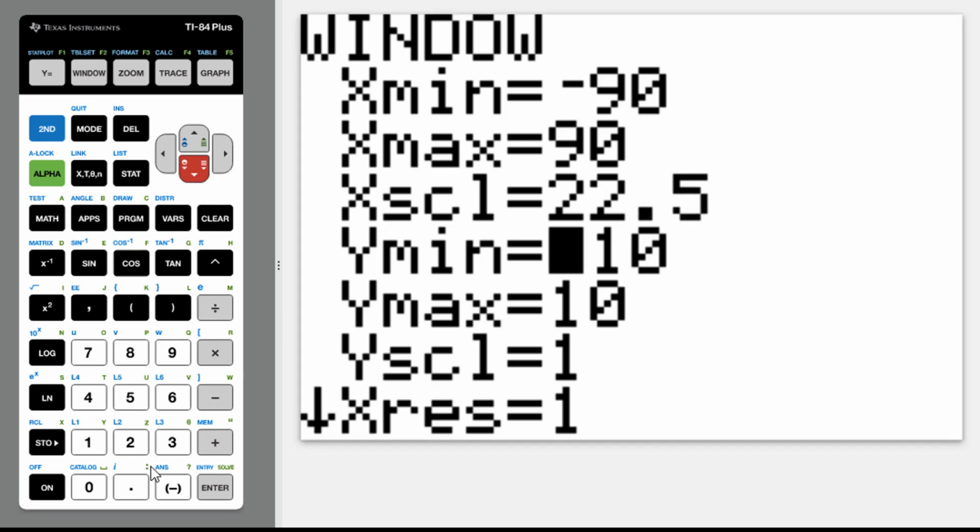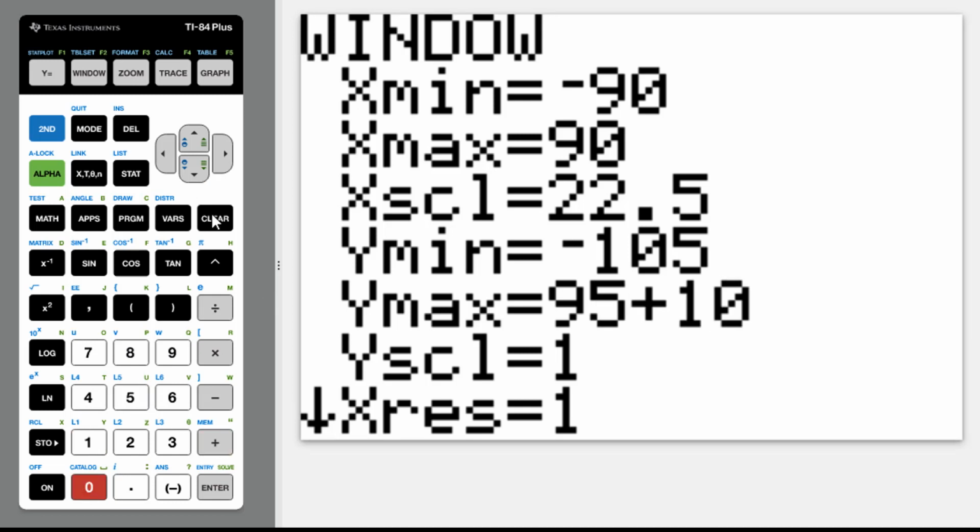For y minimum, we will put negative 95, or minus 10, or minus 5. It's really up to you. For maximum, we will put 95 or plus 10. Then the scale, I will put the 10. Then go to graph.